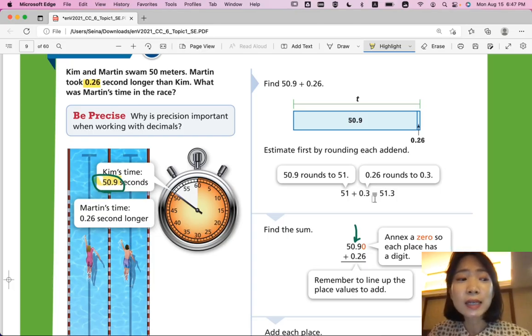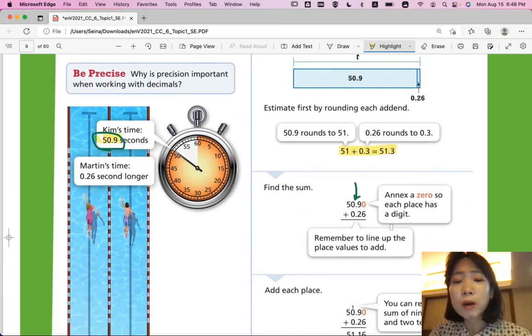So if I solve for an exact answer and it is way far from 51.3, then I probably did something wrong, right? So this process is for you to know where your answer is approximately at.